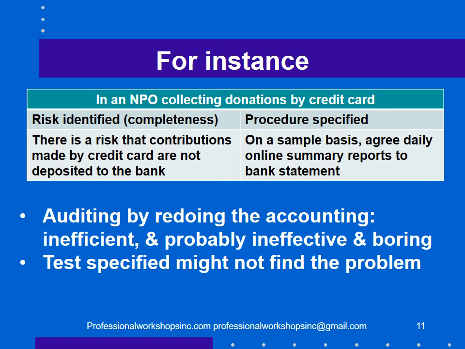The client is presumably using that daily online summary report every day to record transactions and to issue tax receipts. So that's inefficient and probably ineffective and certainly boring to do, I don't know, 5 a month, 60 of these things. That'd take a long time and probably have no chance of finding the problem if there was one. So that's one of my major concerns, is the test specified might not find the problem because we haven't described it properly.